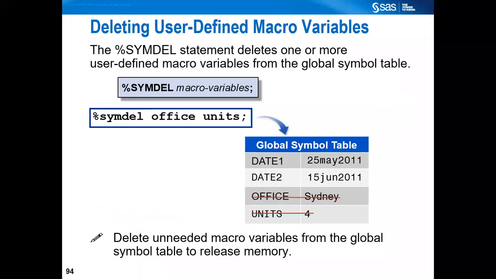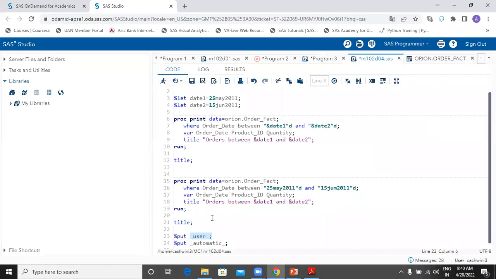And once you are done with creation and use of all your user defined macro variables, immediately after your program is using your user defined macro variables, try to free up the SAS memory. Hence you write %symdel and I write just the macro variable names as a list.